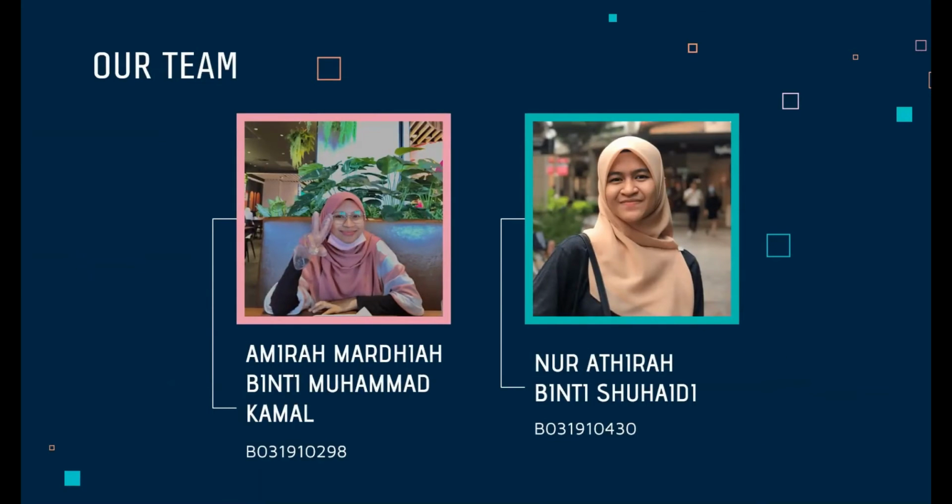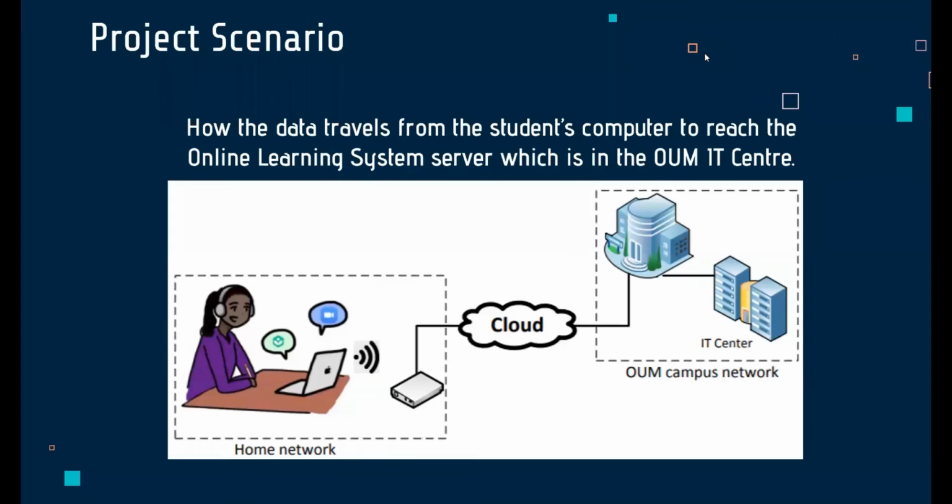We are here to discuss three topics: the OSI model, subnetting, TCP/IP configuration, and how the data travels within the network. We are given the scenario whereby a student is trying to access the open learning system that is located in the IT center in OUM facilities.